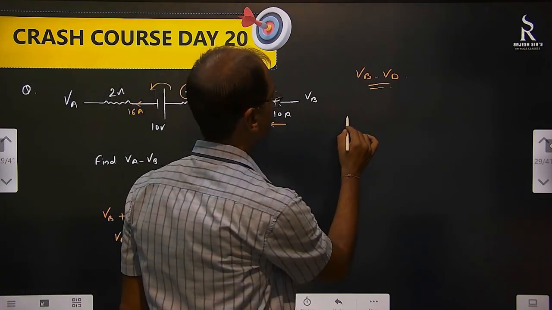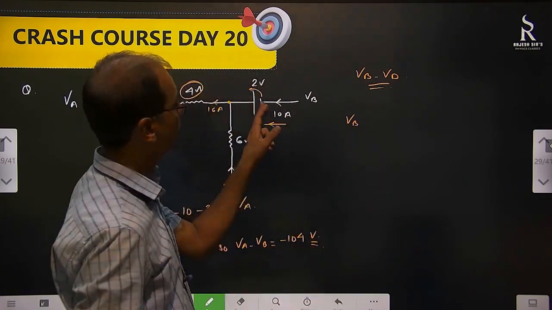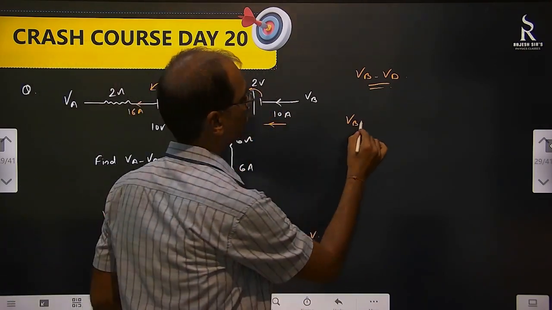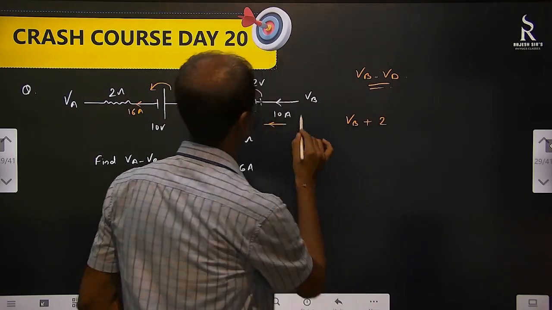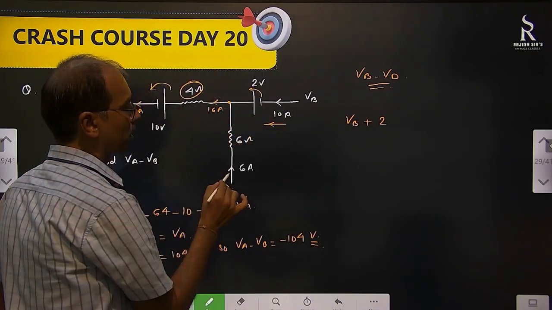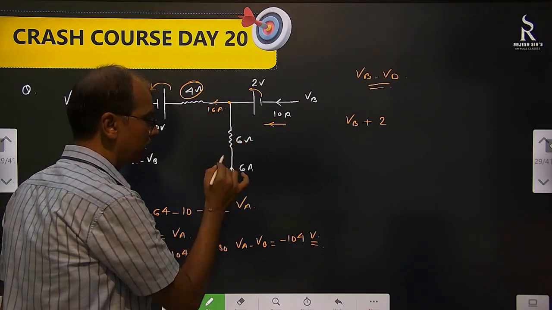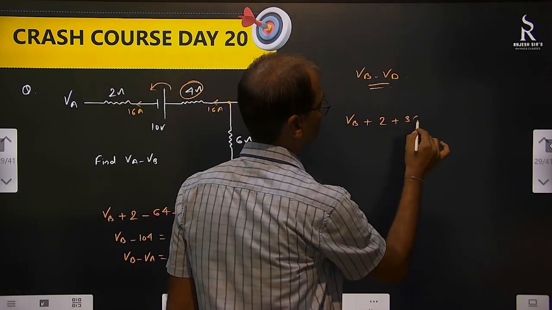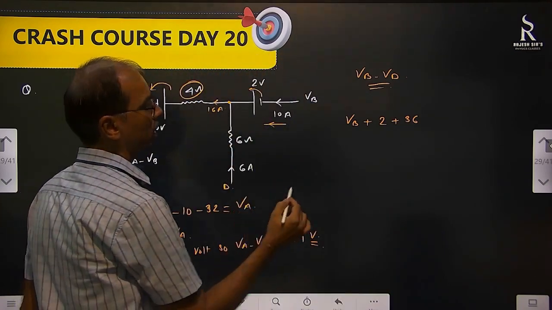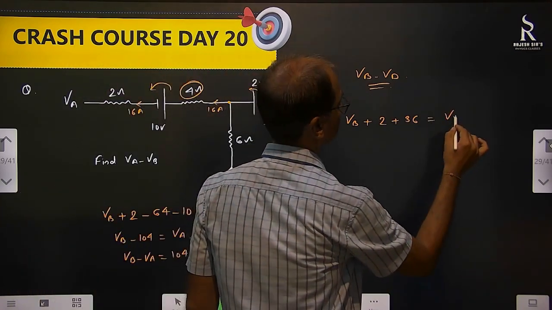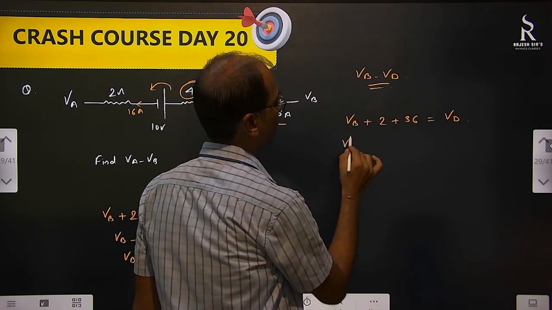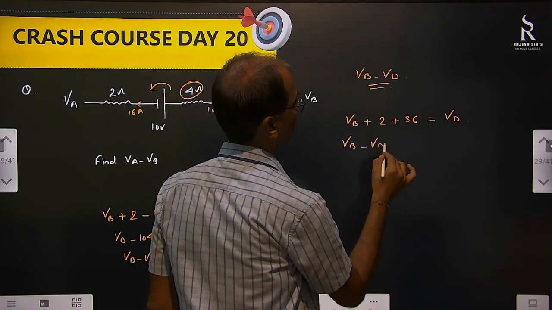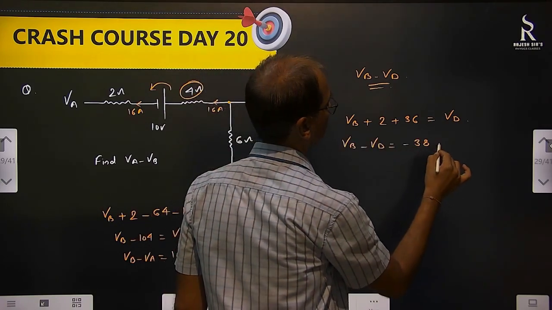So VB here plus 2. Now here you are coming. Now here is 6 ampere going like this. Now you are coming opposite to that. So plus 36 equal to VD. So VB minus VD equal to minus 38.